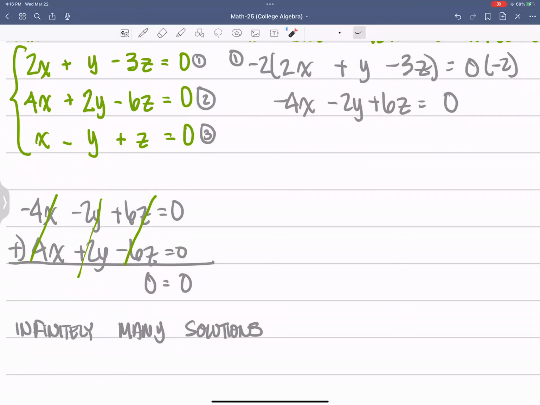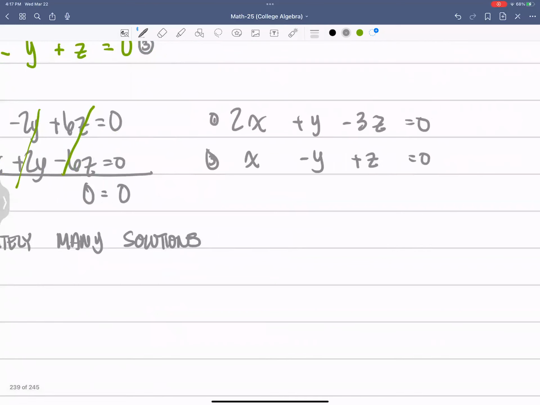If we add those together right off the bat, our y's eliminate, and then we have the other variables. So let's start with equation 1, 2x plus y minus 3z equals 0, and equation 3, x minus y plus z equals 0.